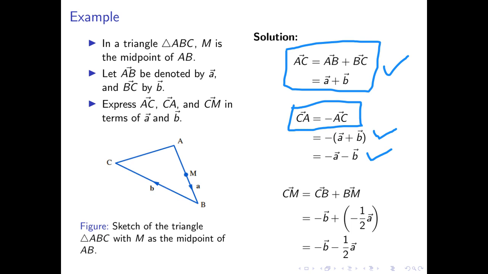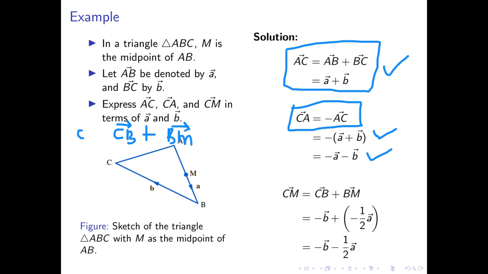From the diagram, you can see C to M would be C to B. Let's write that down. C to B in the direction C to B plus B to M, and that is in the direction B to M. Okay, that then becomes our CM.